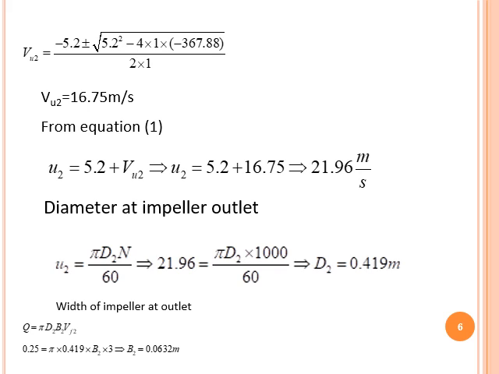B2, the width of the impeller, we need to calculate, and the velocity of flow is given as 3 meter per second. By substituting these values in the discharge formula, we get the width of the impeller at outlet B2 as 0.0632 meter.